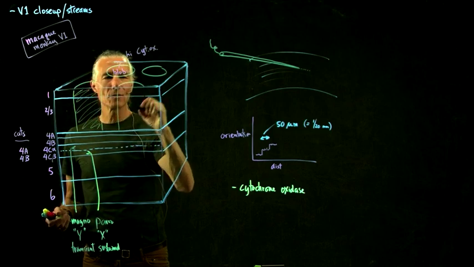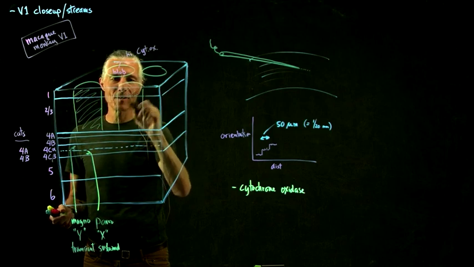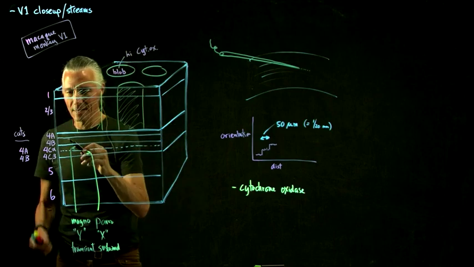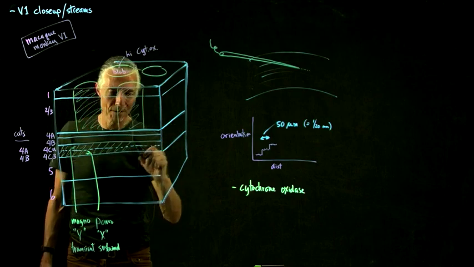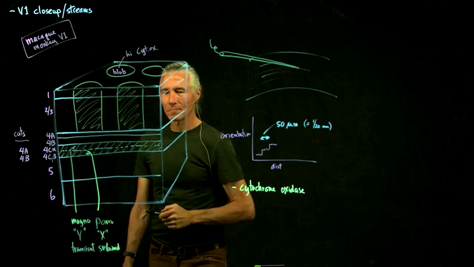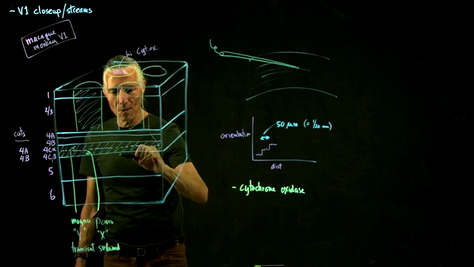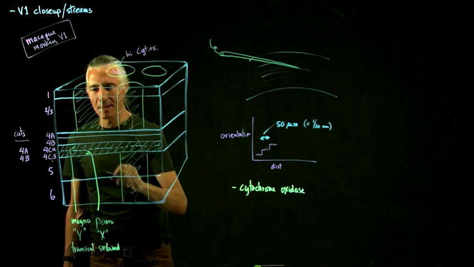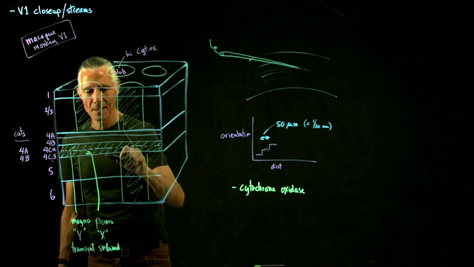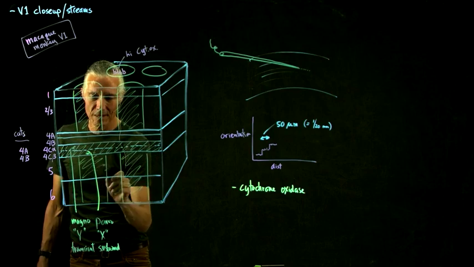But then they didn't go through layer 4. It turns out there's a ton of cytochrome oxidase in layer 4, especially 4C alpha. But then if you go below in layers 5 and 6, you can see the blobs pick up again. And so there's the blobs.